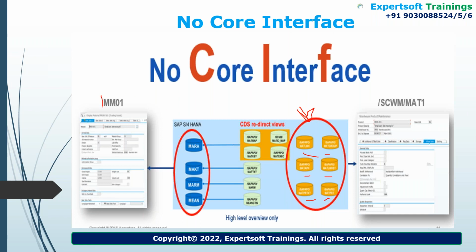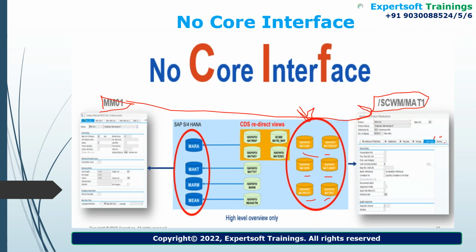Whenever you create a material with the MM01 transaction, you need to create only the views for the EWM system, but all the general data will come from your MM01. So you do not need to sift this. You just need to create all the views which are important for the EWM system. So no need for sift or core interface in your embedded versions.